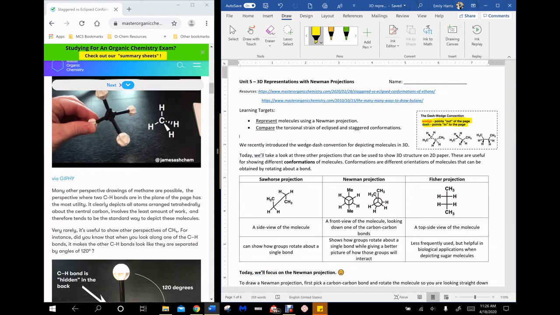Today we're going to introduce three other projections that can be used to show 3D structure on 2D paper. They're useful for showing what we call conformations of molecules. A conformation is just a different orientation of the molecule that you can obtain by rotating the molecule around a bond.